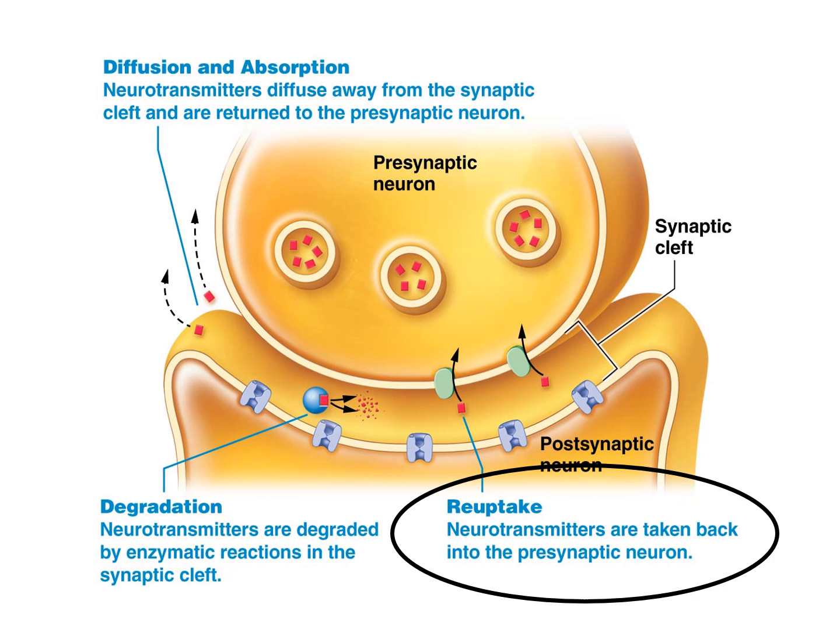Well, this one there's a specific uptake mechanism using facilitated transport to pump it back into the presynaptic neuron. So those are the three ways we can stop a synaptic transmission: by diffusion and absorption, degradation, and by reuptake.